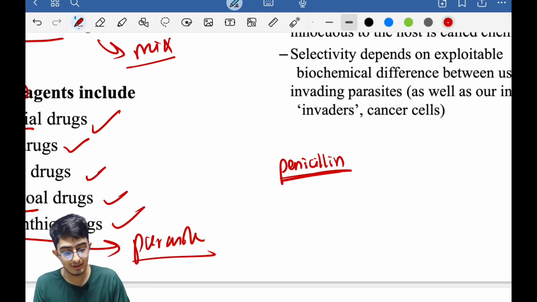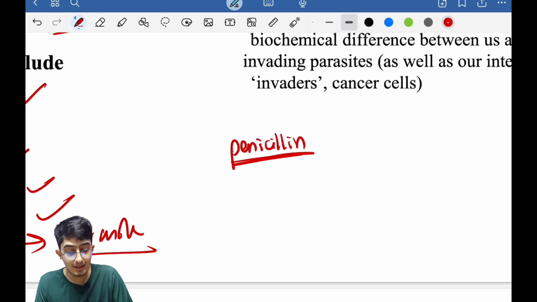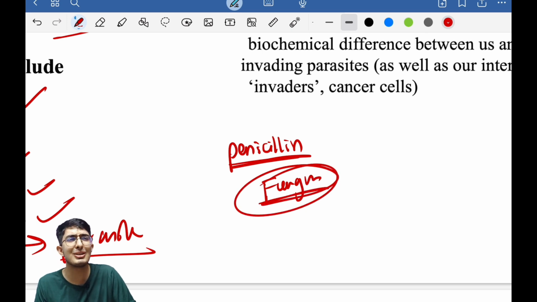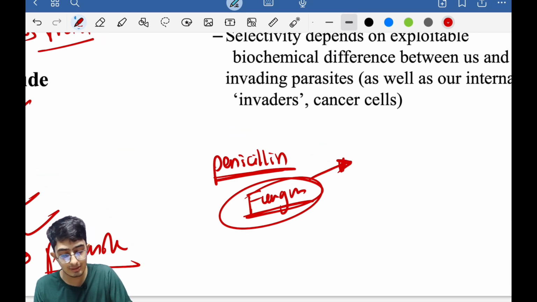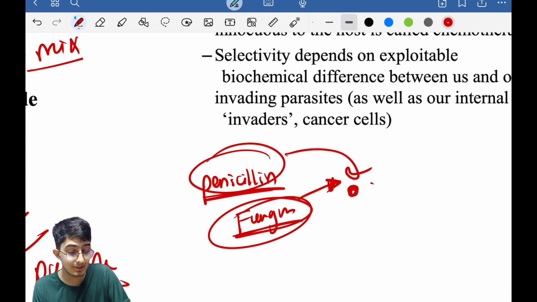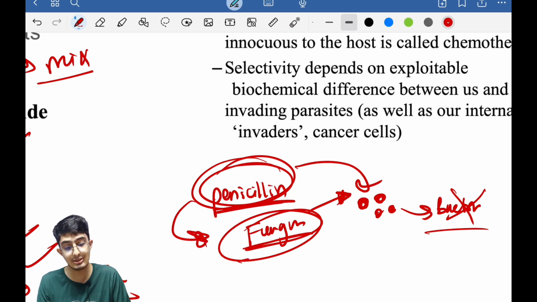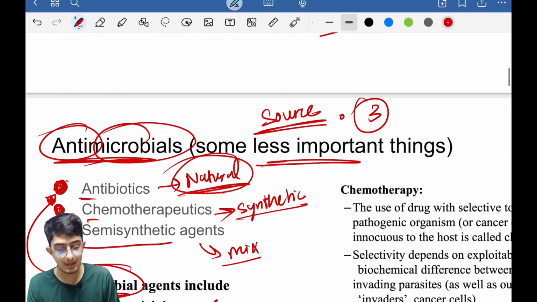It's a very famous story: penicillin is actually derived from a fungus, right? I don't know the name of the fungus, Penicillium or something. The thing that this fungus produces, which is penicillin, kills bacteria, right? So since penicillin is coming from a natural source, that is a fungus, this penicillin is an antibiotic.